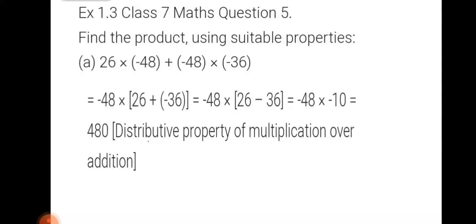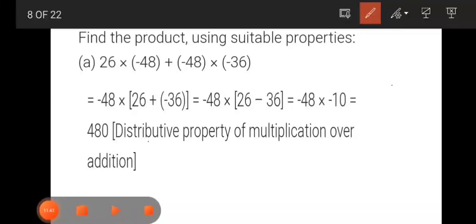I must tell you, first you must know all the properties. If you don't know the properties, you can't do this question, because you would apply brute-force math, but here you don't. Here you use a suitable property.